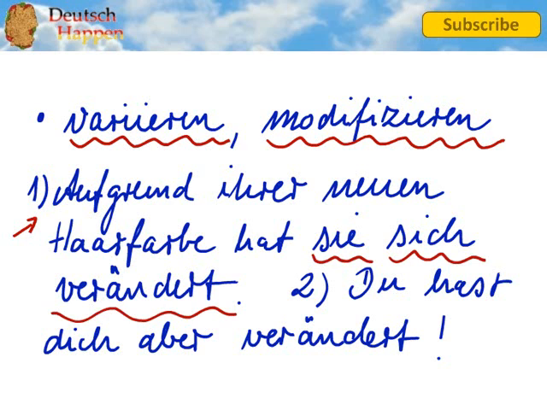And in the second one, du hast dich verändert, you changed literally yourself a lot, but of course you wouldn't translate it like this in English. You would simply say, wow, you changed a lot. But once again, you or everybody else is still the same person.